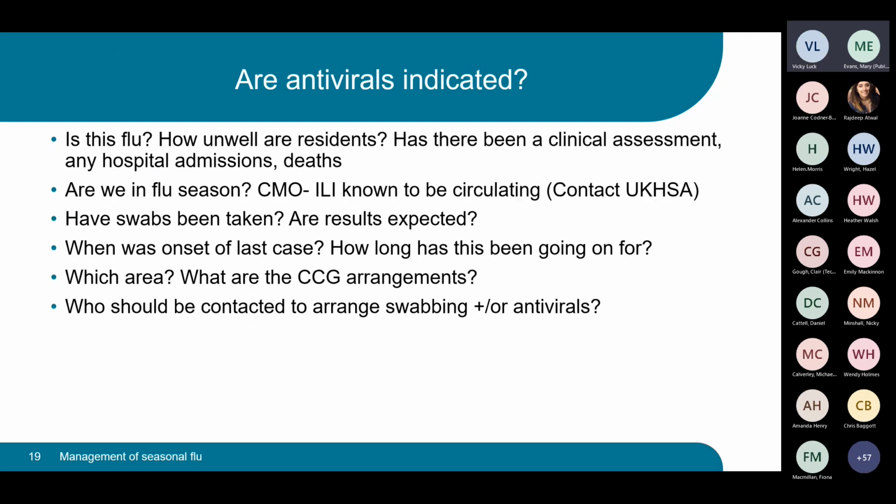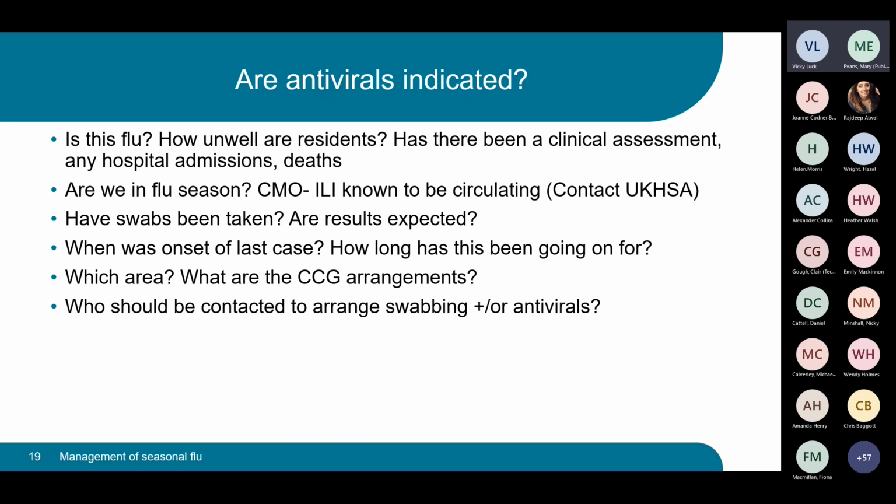So a little bit about antivirals and where they're indicated. It's determining whether it is flu, and going back to that definition, it can be quite tricky to diagnose. So it's really important that clinical assessment has taken place.